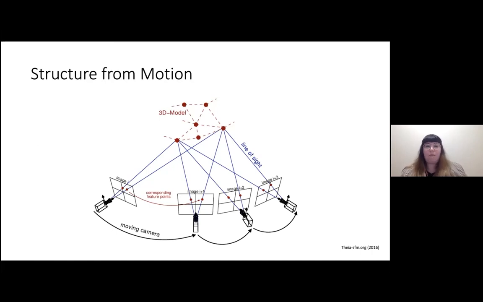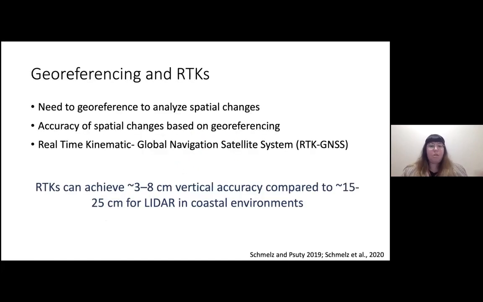So obviously that factor alone is really great for understanding the 3D component from 2D imagery. However, to make it even better, we can also georeference this data and make it so we can analyze spatial changes and make measurements from this. The accuracy of these spatial changes is obviously going to be based on how accurate our georeferencing system is. And so in this study, we used an RTK GNSS system, a real-time kinematic global navigation satellite system.